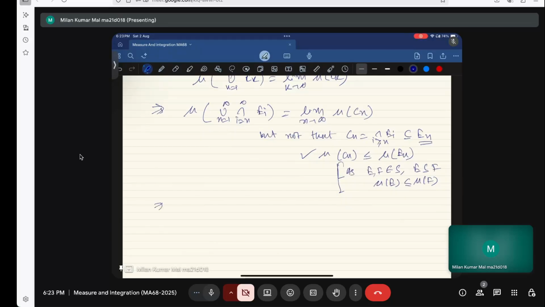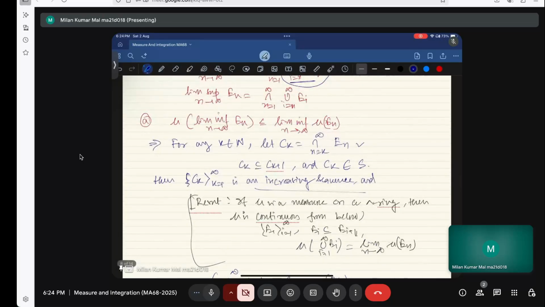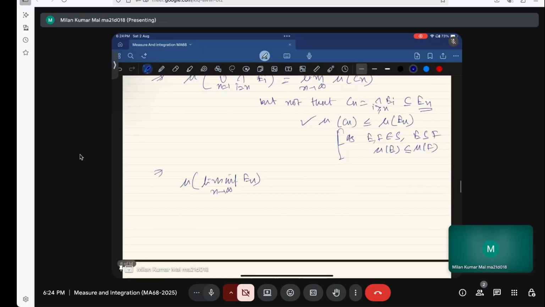So what we are getting here is that mu of the limit infimum of E_n, as n tends to infinity, is equal to mu of the union over n equals 1 to infinity of the intersection over i greater than or equal to n of E_i.